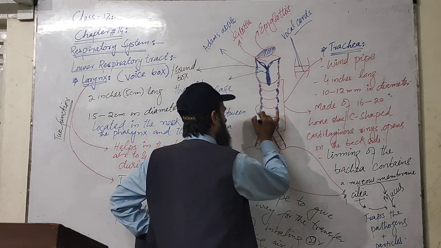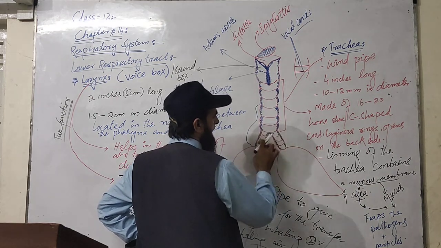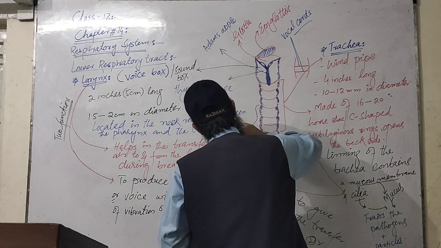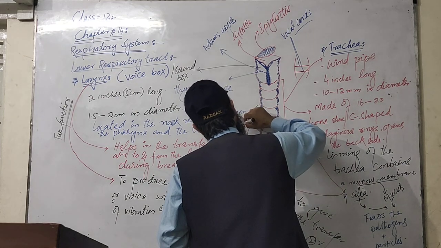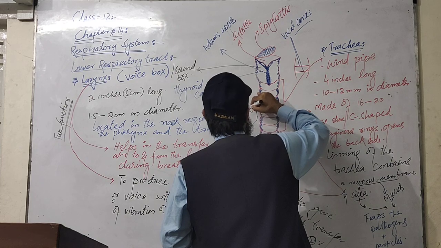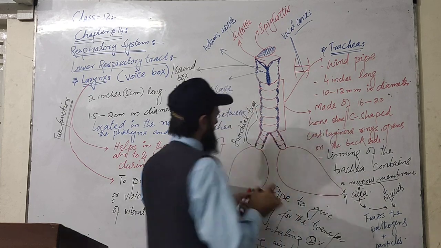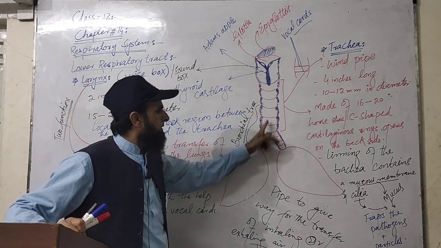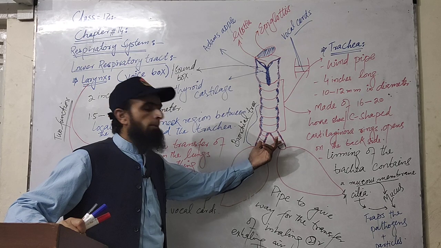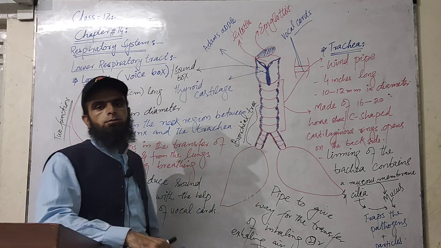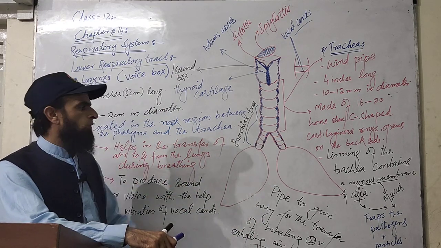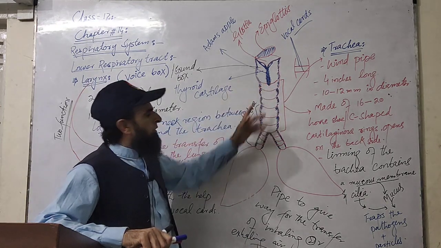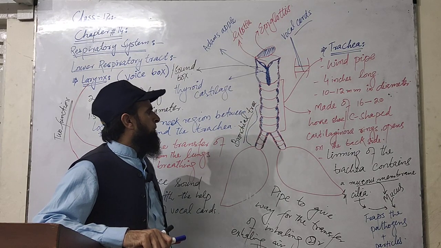This tree-like structure, which is made by the trachea and the two bronchi, is called the bronchial tree. We will not talk about the bronchial tree now, that will be discussed next time, because the bronchial tree contains the trachea as well as the two primary bronchi. There are then types of bronchi, primary bronchi and so on, secondary and tertiary. So the primary bronchi and the trachea form a tree-like structure called the bronchial tree.